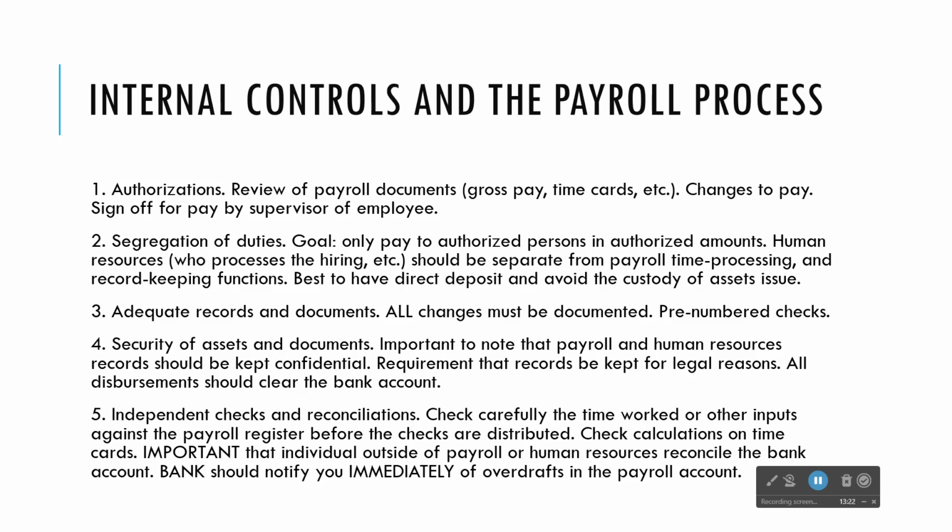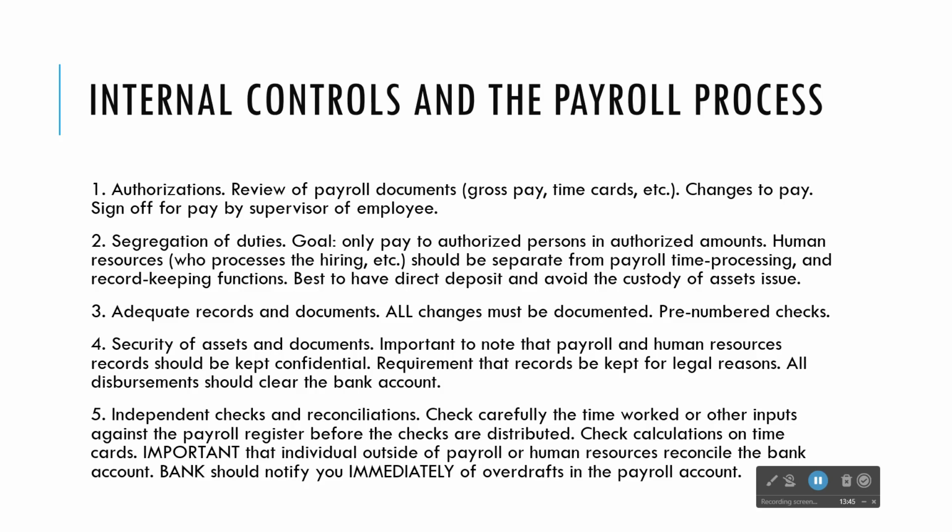So there's a lot of things that have to be kept separate, and there are legal reasons for these things, and there's just extra layers of protection when you get into things that deal with employees. There are independent checks and reconciliations that need to be done.